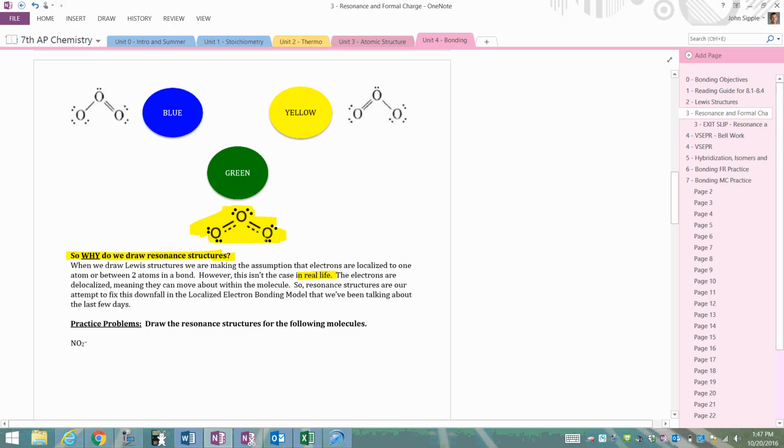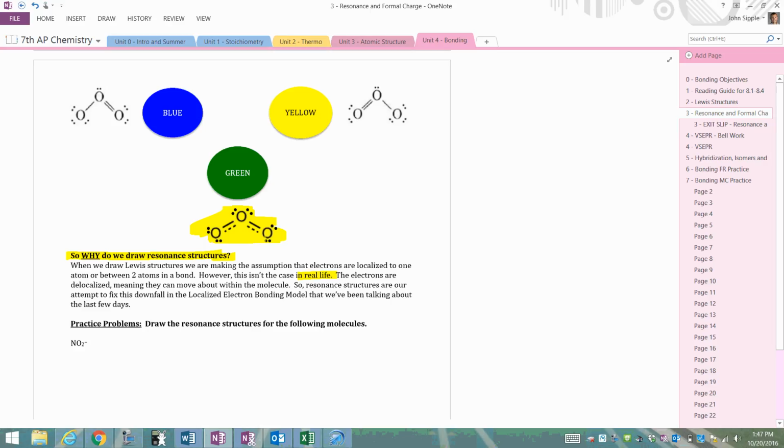What we're trying to show you here is, look, here's ozone. That's one valid resonance structure on the left. Then we have another valid resonance structure for ozone on the right. But the reality is that it's really more of a blend of those two resonance structures. That's why we have the blue and yellow make green here.